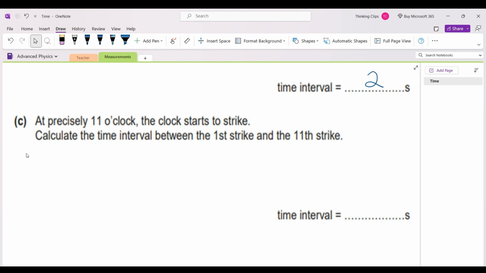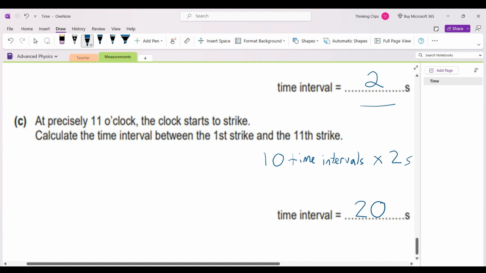Okay, so this time we have 10 time intervals. I'm going to write here time intervals so we know what we're talking about, and we're going to multiply by the time for each time interval, which we worked out above here was 2 seconds each. So our answer will be 20 seconds.